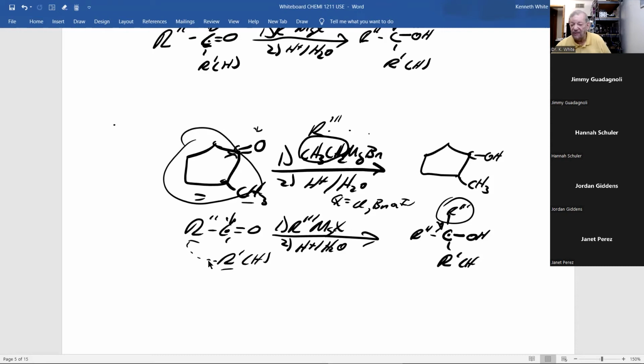And that's two carbons. And there you go. You've made a carbon-carbon single bond. Very special, very rare. All right, let's move on.